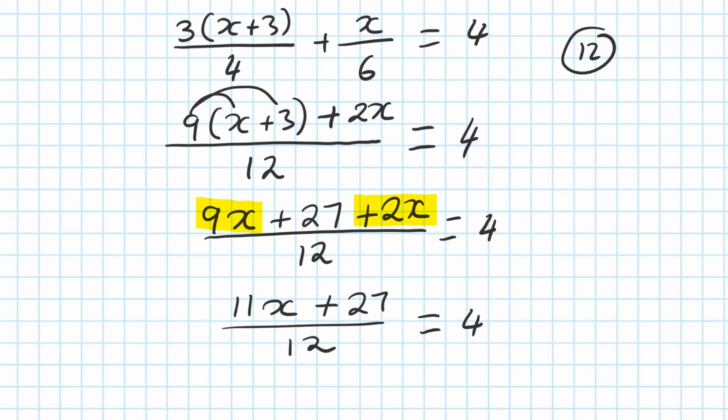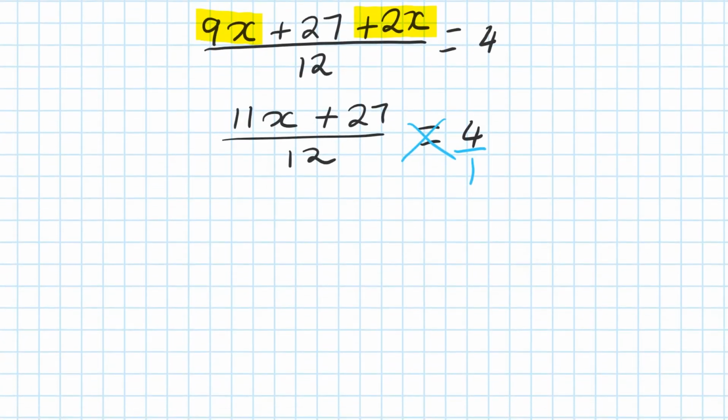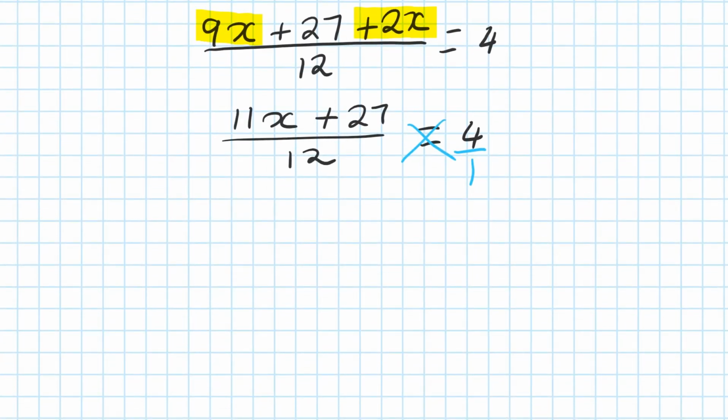Now, 4 on this side is just like 4 over 1. I just do cross multiply. So 1 times (11x plus 27) is exactly the same, so I just write 11x plus 27, and then 12 times 4 is 48.